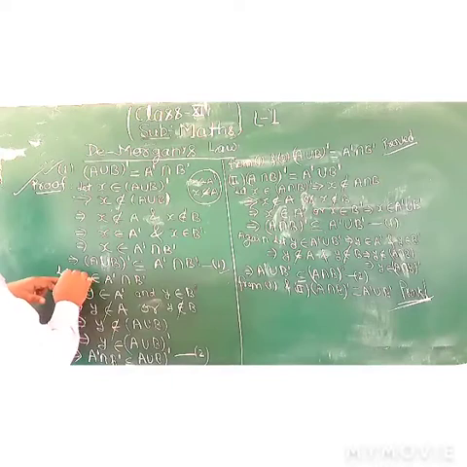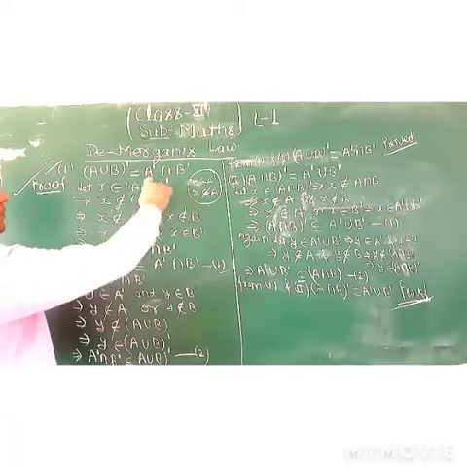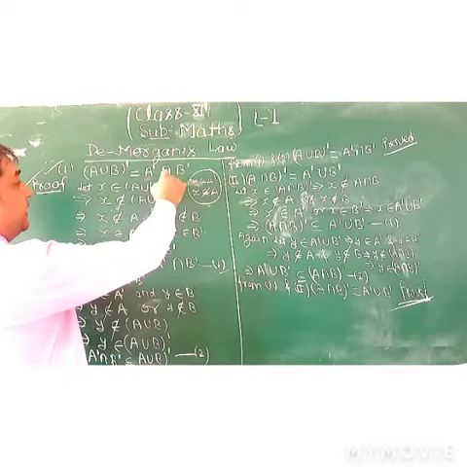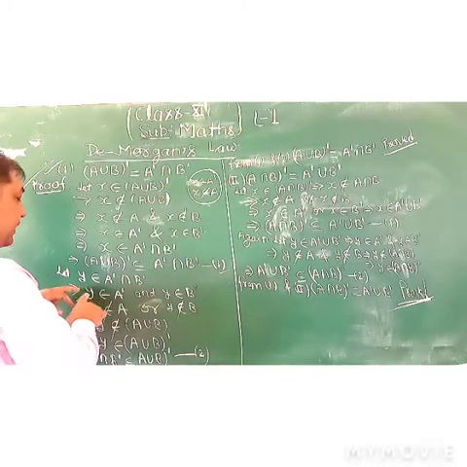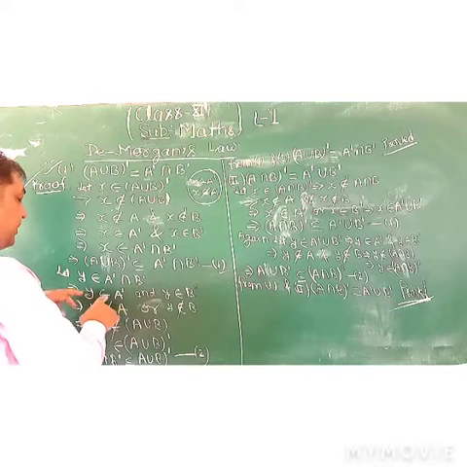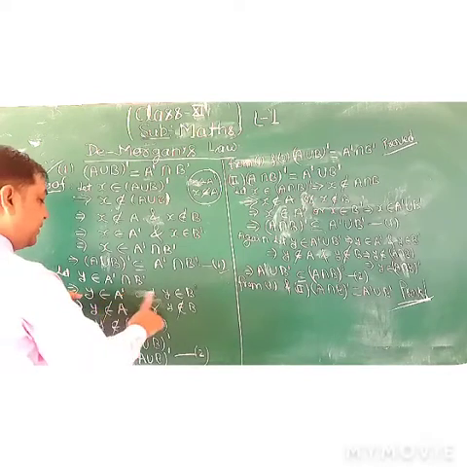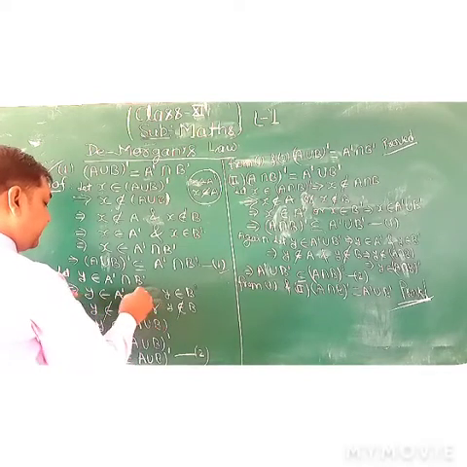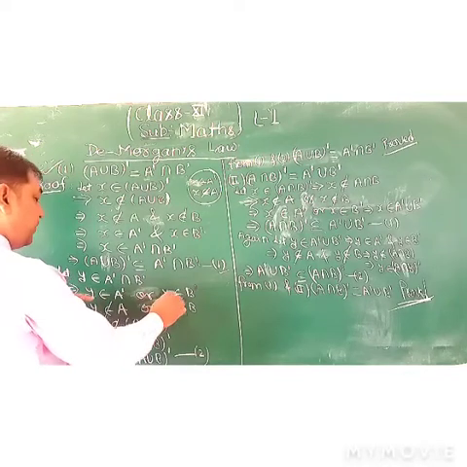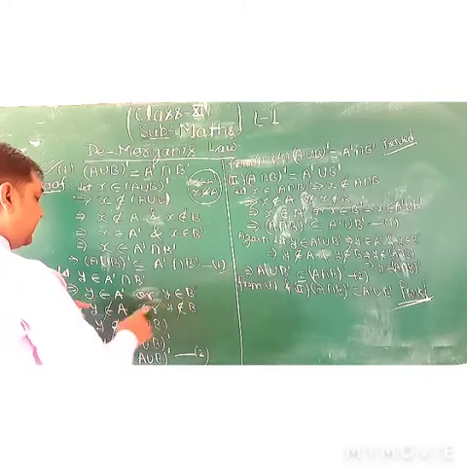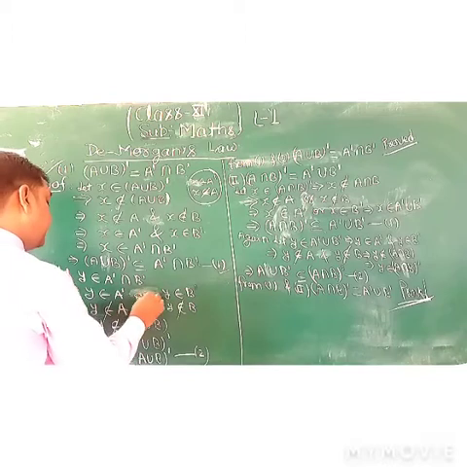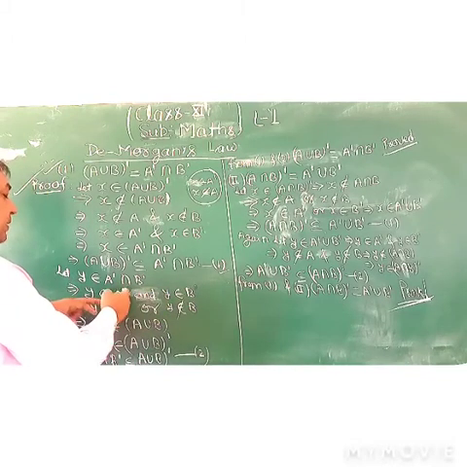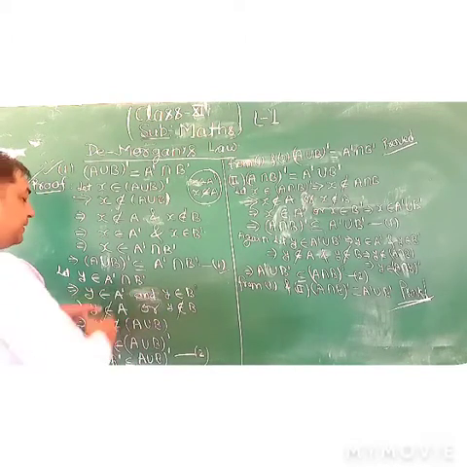And now let y be an arbitrary element on the right side, A' intersection B'. With the help of this we can write y belongs to A' and y belongs to B', and the dash sign converts it.